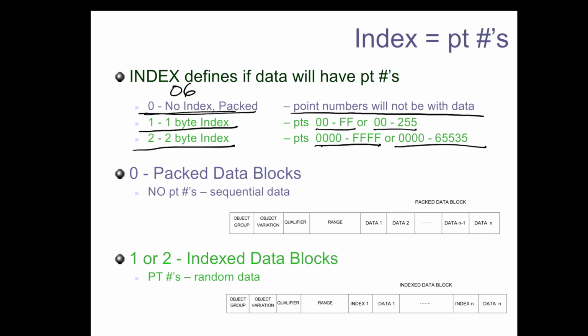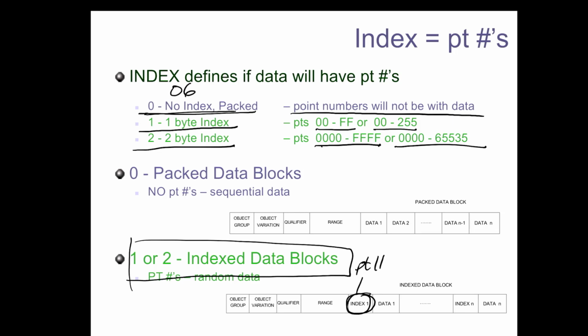And if we look at a 1 or a 2, because remember this is a 1 byte index, right? If we're looking at a 1 or a 2, notice how when the data comes back, it's going to be saying, okay, I've got 1 byte to tell you the point number. So this is a point number. This is the data. So this is the value of a 16-bit analog or a 32-bit analog, whatever it might be.